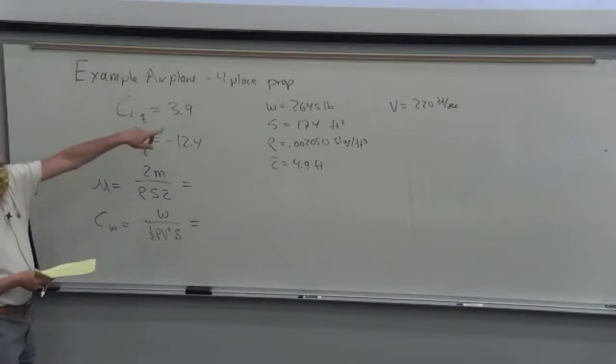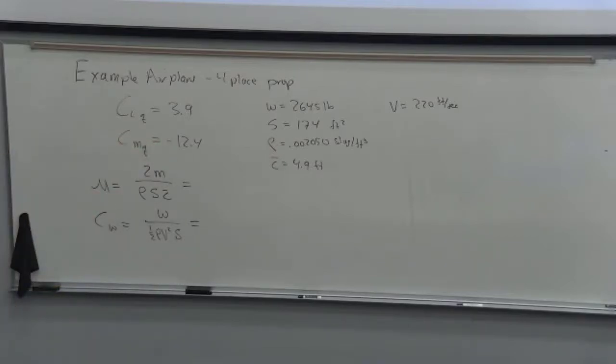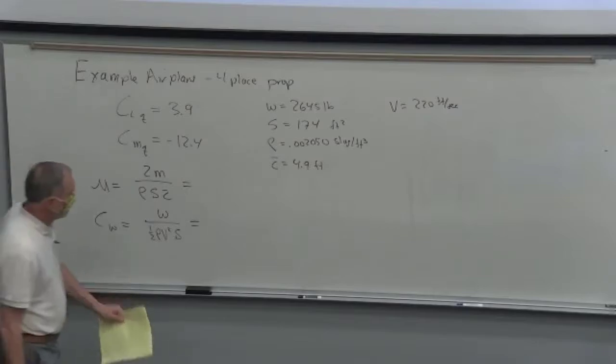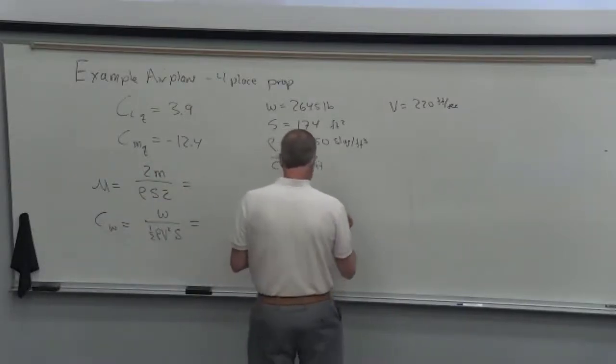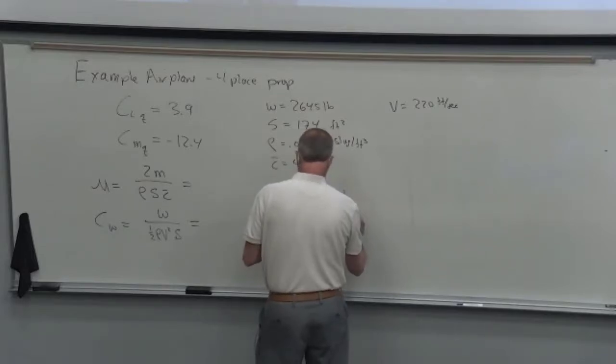The mass is going to come from the weight divided by gravity. And then while you're working on that, I'm going to write the formula that you need for HM again.